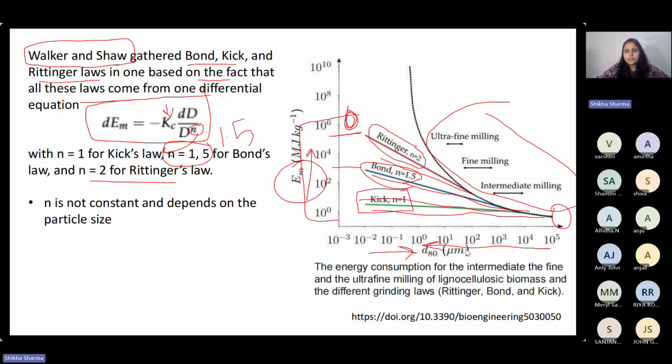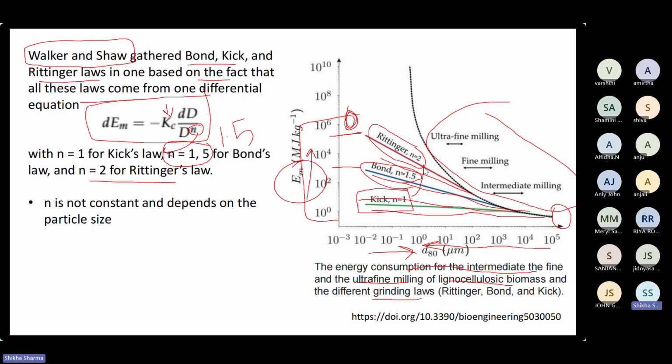So if we see the energy consumption for intermediate grinding, fine grinding, and ultra fine grinding or milling of any lignocellulosic biomass, the different laws give different slopes, so they will follow different trends when we are grinding any particle and measuring the energy.